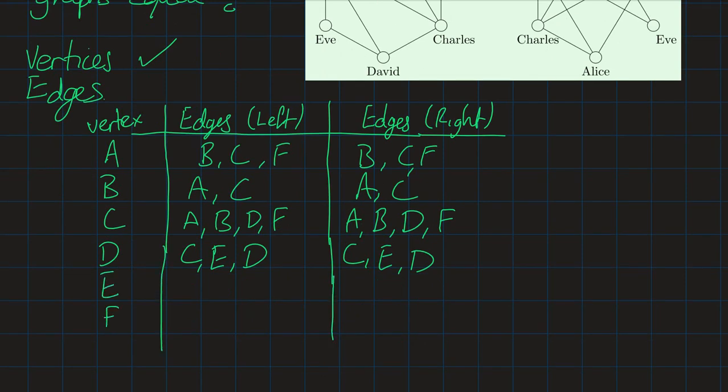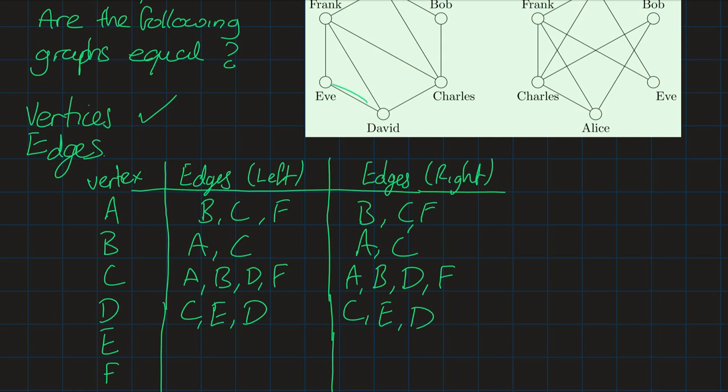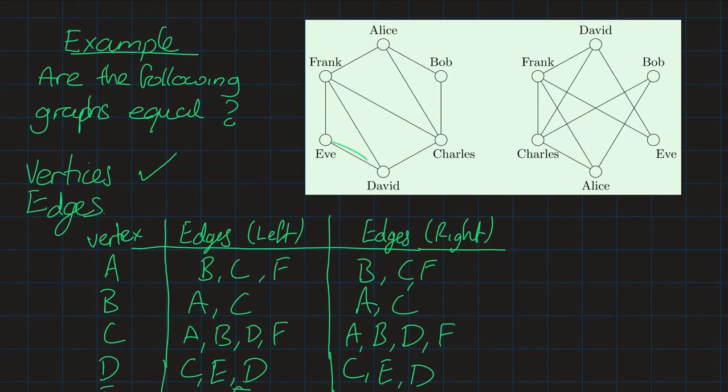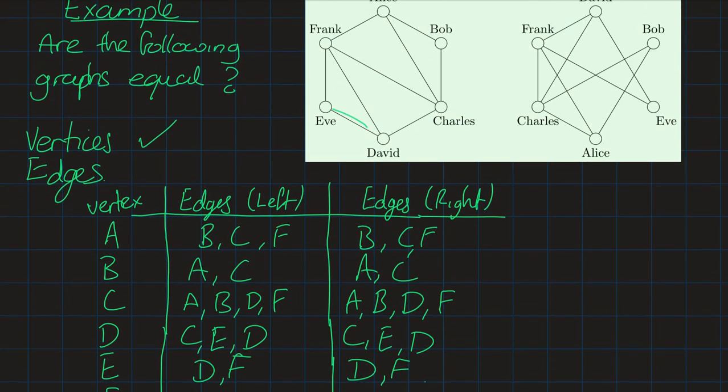So E and F. In the left graph, Eve is connected to just David and Frank. And in the right graph, Eve is connected to just David and Frank. And finally, Frank.